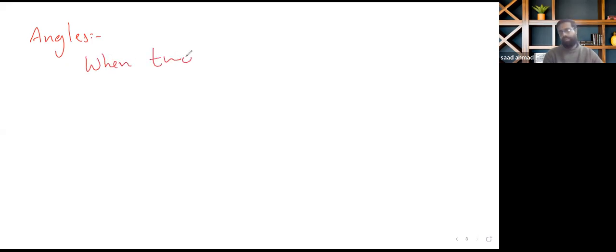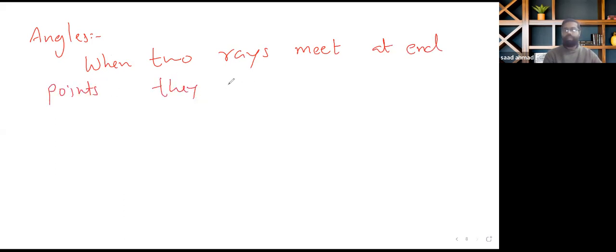When two rays meet at an endpoint, they make an angle. Like this. Let's say we have a ray here and we have a ray here.